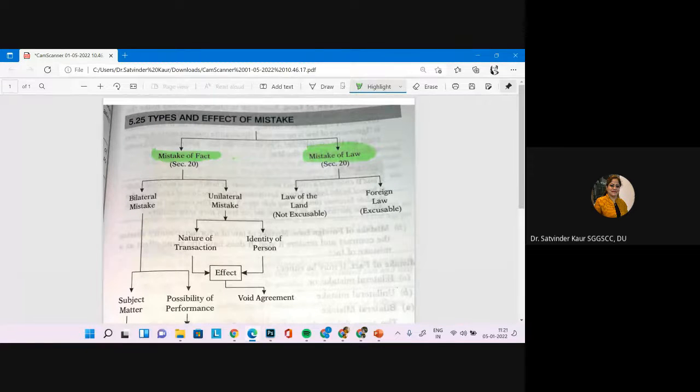If we talk about mistake of law of the land, there is no excuse. If you commit a mistake related to the law of the land, it is going to give rise to a valid contract. You do not have a choice that you were not aware of the law. You have jumped the red light and you say that you were not aware that jumping a red light is an offense.